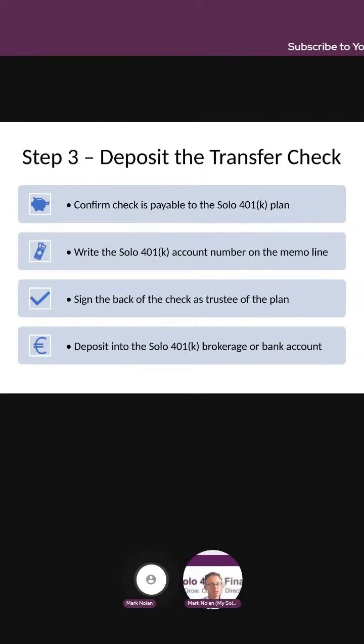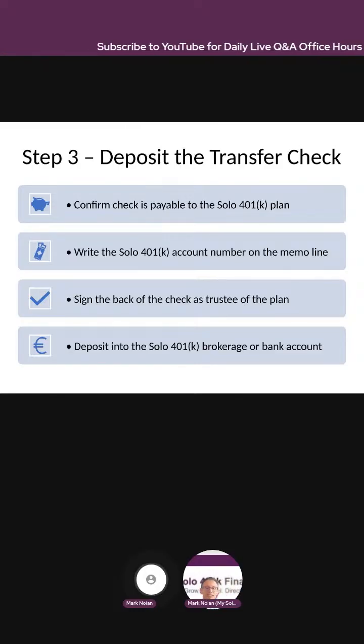Subsequently, you're going to want to deposit that transfer check into the solo 401k. So once you receive the rollover check, you're going to want to verify the payee name. So before depositing the check, confirm that it is made payable to the solo 401k plan for your benefit as a trustee, so not just to you personally.